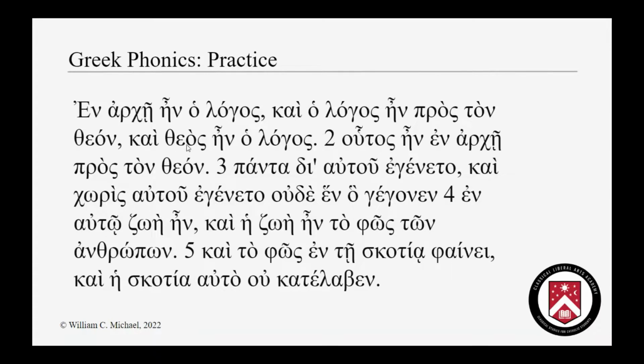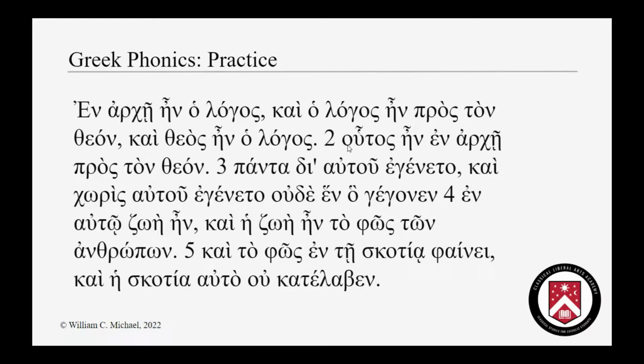Then we have another form of this same word with a grave accent on the second syllable. Remember, these do not make a diphthong, so we divide this word into two syllables. Theos. Notice how we fall on the second syllable. Kai theos. We then again have the word ein, ho, logos.